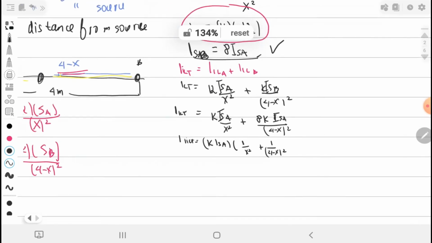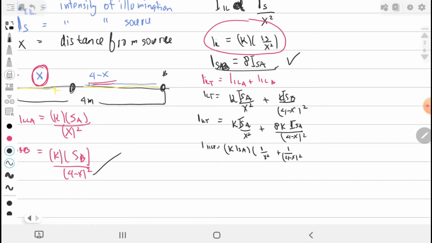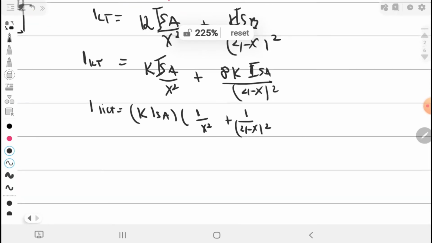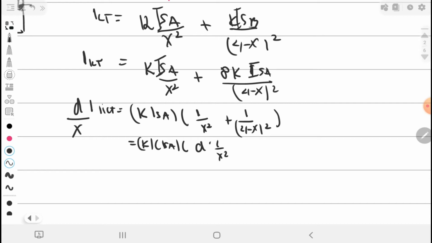Let's not forget the squared here. Next, we would get the maximum or minimum value of this with respect to x. So, we'll have k multiplied by I_SA multiplied by the derivative of 1 all over x squared plus 8 all over 4 minus x squared.